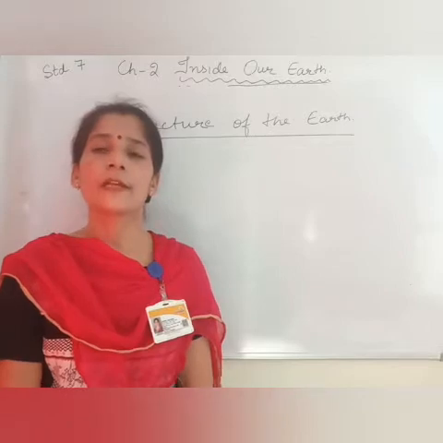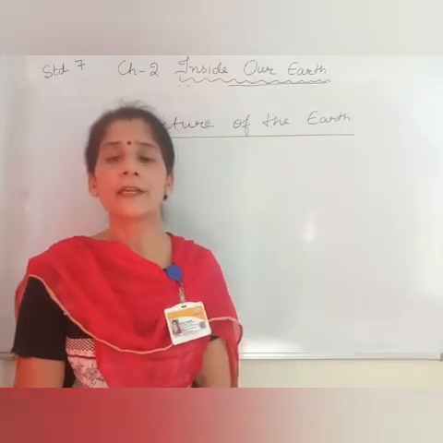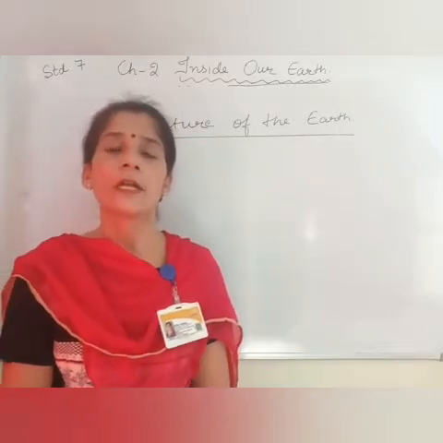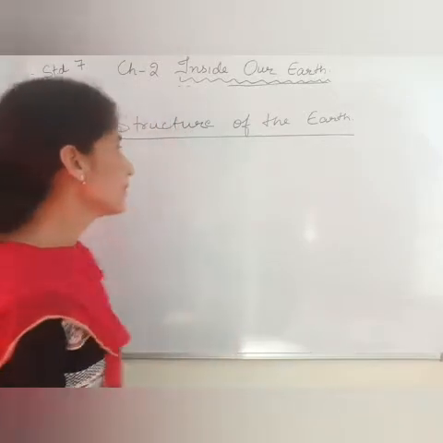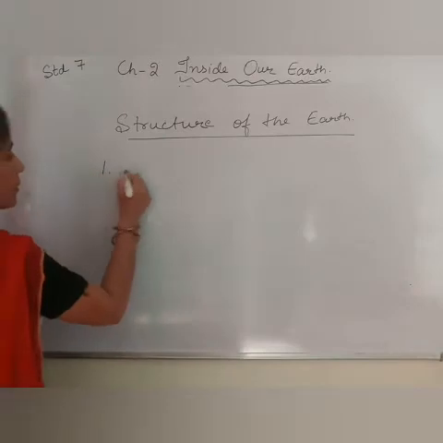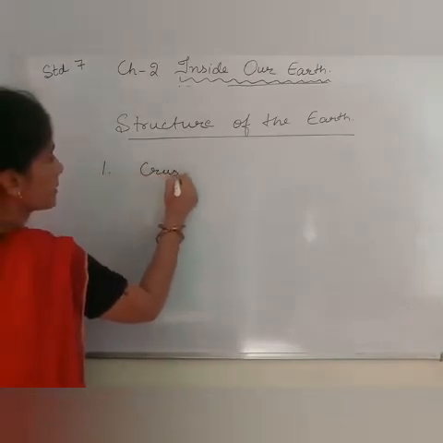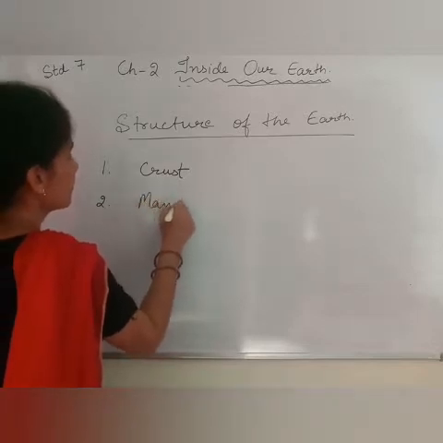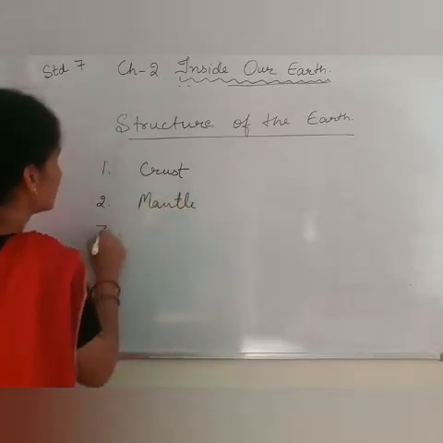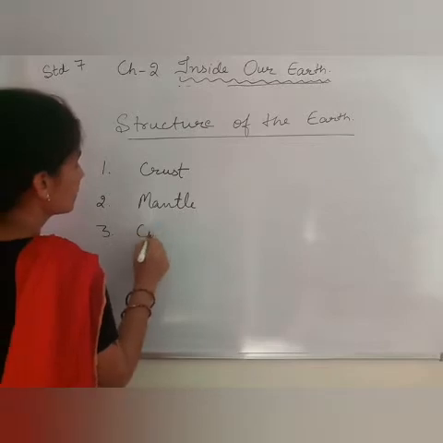On the basis of varying density and the chemical and physical properties of the rocks, the structure of the earth is divided into 3 concentric layers. First is the crust, second is the mantle, and third one is the core.